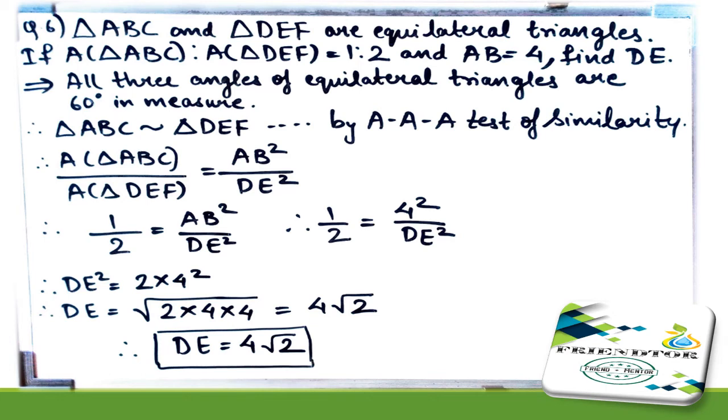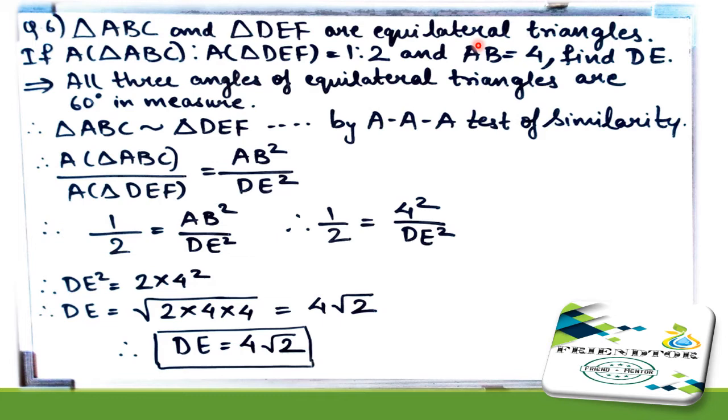Okay, so this is the 6th question. Triangle ABC and triangle DEF are equilateral triangles. Okay, equilateral means all 3 sides are of the same measure. What is meant by equilateral triangles? All 3 sides have the same measure, and one more point, all their angles are 60-degree angles.